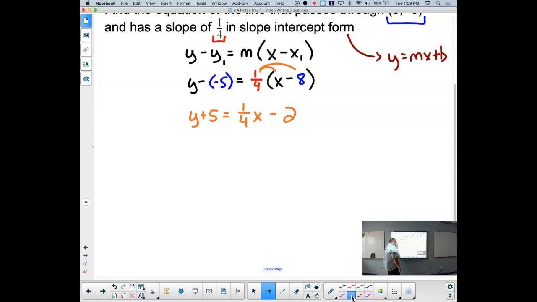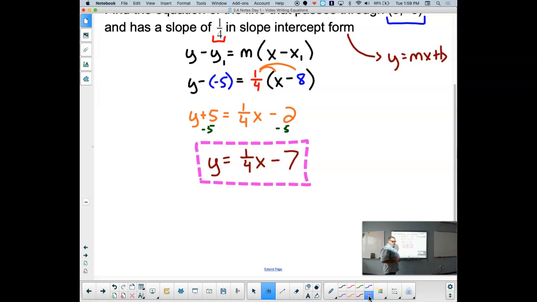So then that's minus 2. Still don't have it in y equals form, but I can subtract 5 from both sides, and now I've got it as y equals 1/4 x minus 7 as my slope-intercept form of the line. Okay?